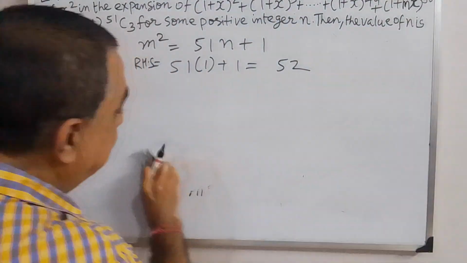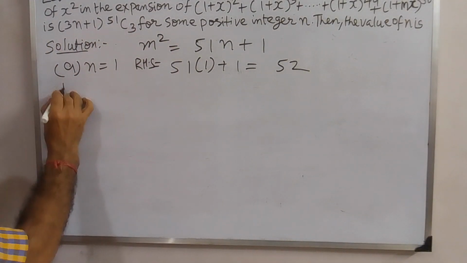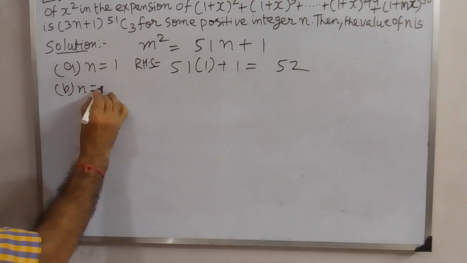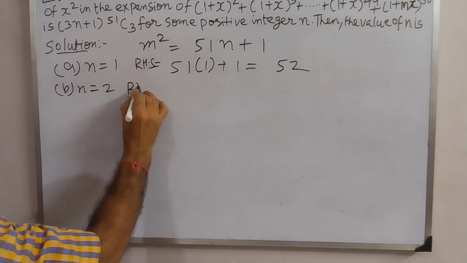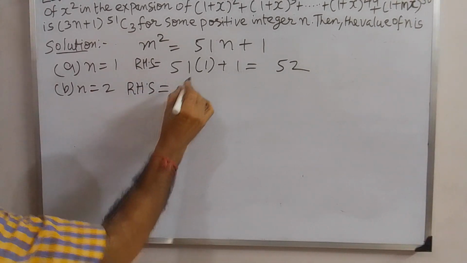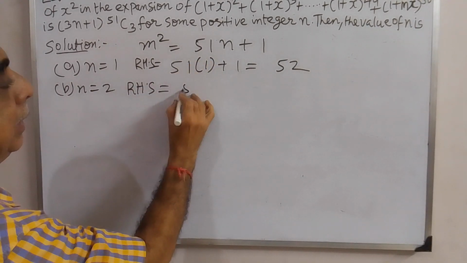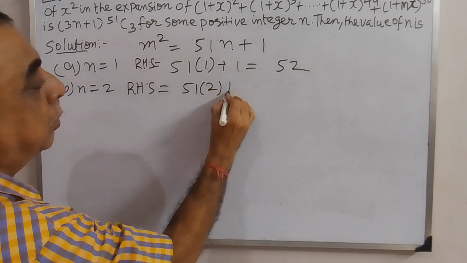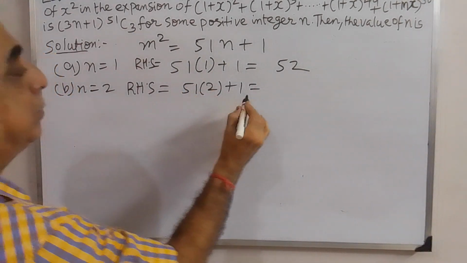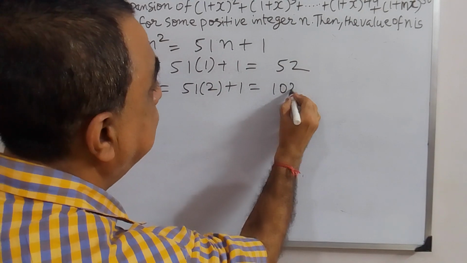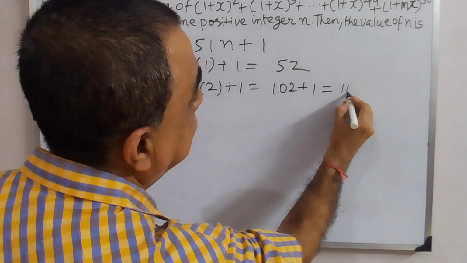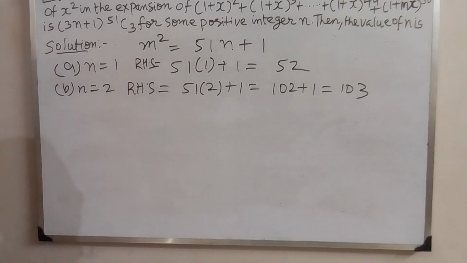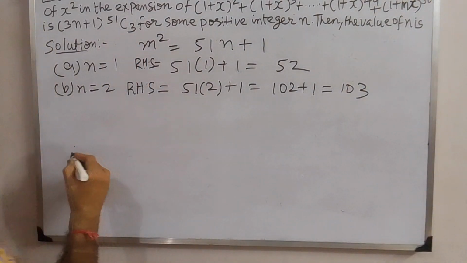Then check for n equal to 2. When I put n equal to 2, in place of n you put 2, plus 1. 51 into 2 is 102, plus 1 is 103, which is also not a square of any positive number.